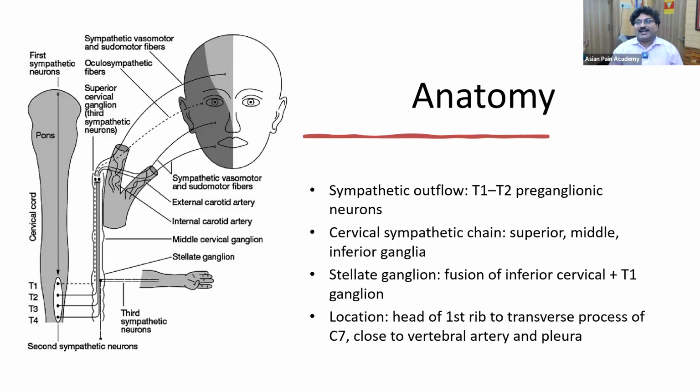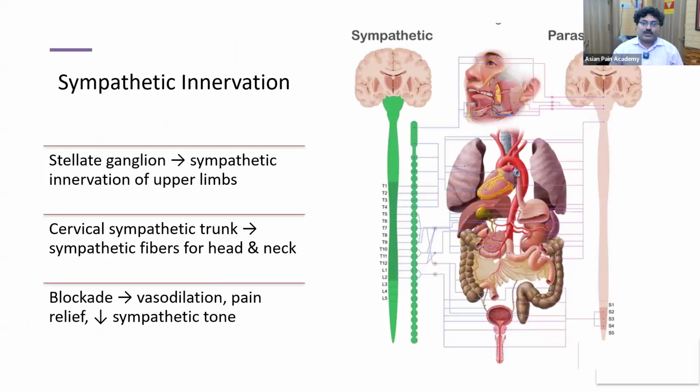Now, where does the stellate ganglion lie? Stellate ganglion lies in front of the transverse process of C7, not C6, and close to the vertebral artery and the pleura. Usually, anteriorly lie the vertebral artery as well as the pleura. Now, the sympathetic innervation from the stellate ganglion goes to the upper limb.